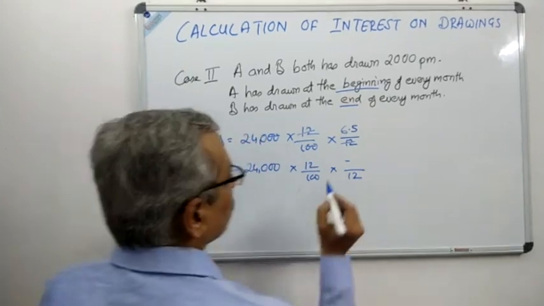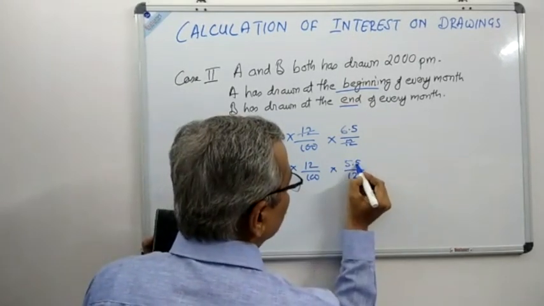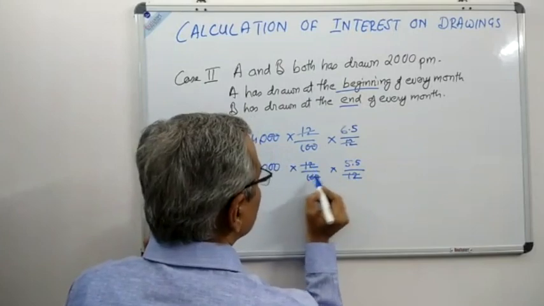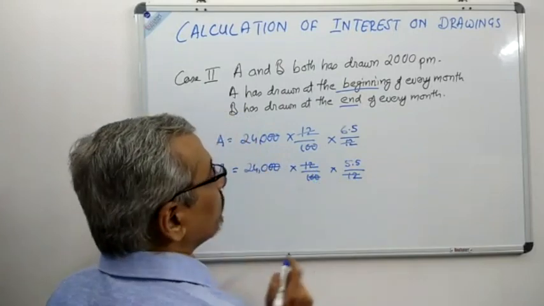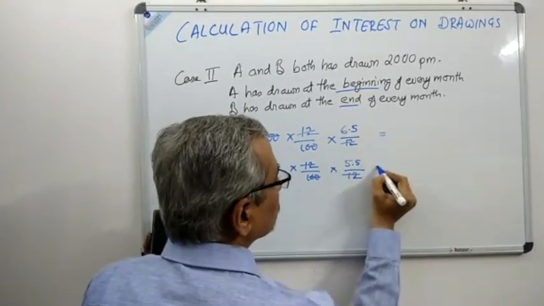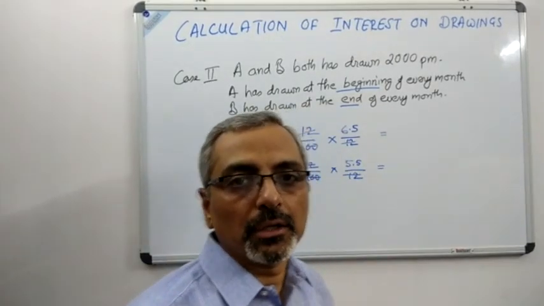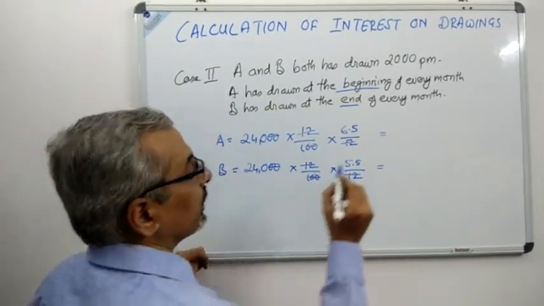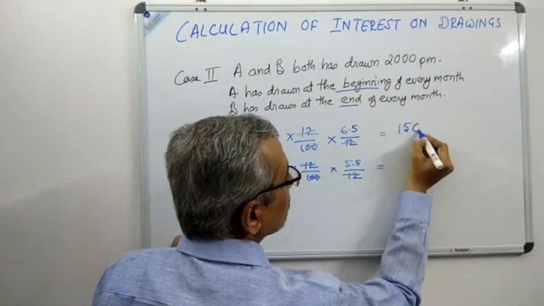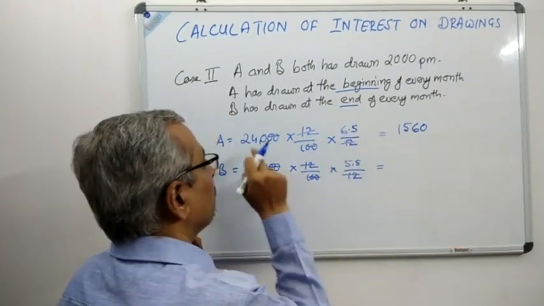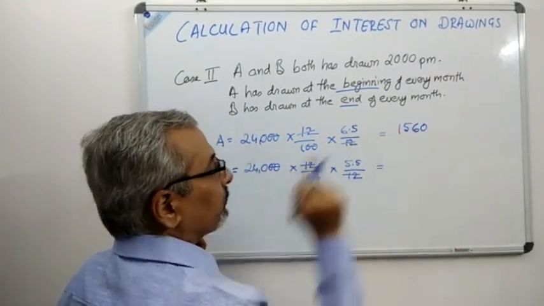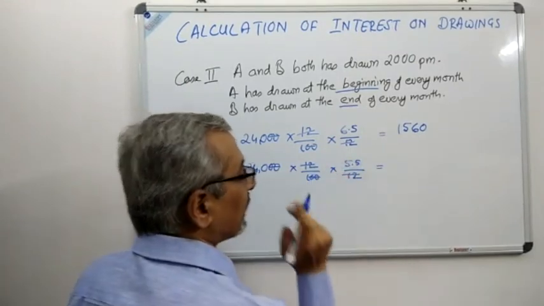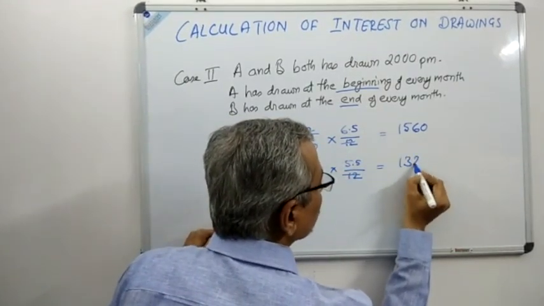So over here, we'll be having 5.5 months. Now let us cancel the 12. Let us cancel the zeros. Now we will come up to the total. By calculations we are getting 1560, that is 6.5 multiplied by 240 is 1560, and 240 into 5.5 gives you 1320.